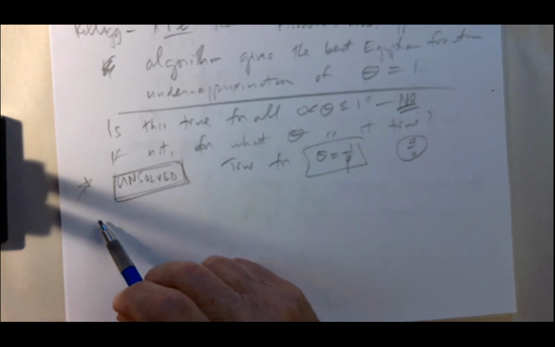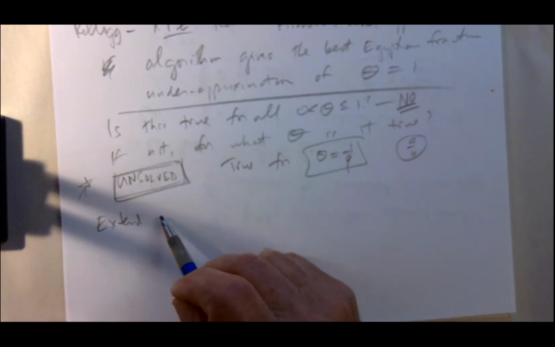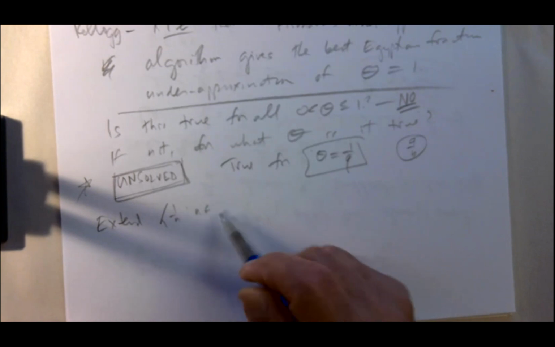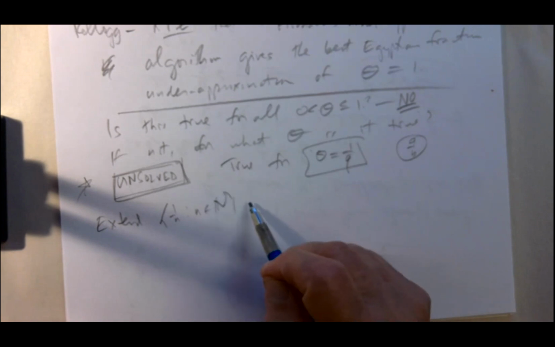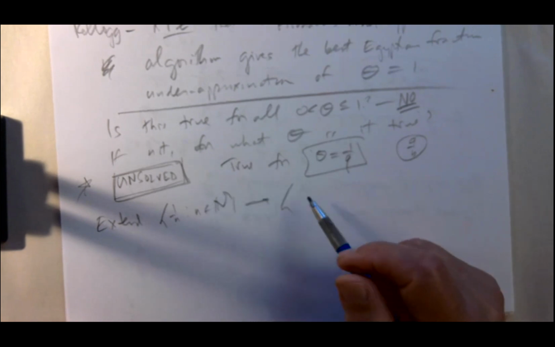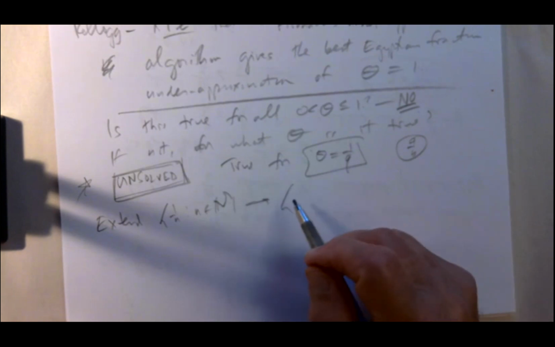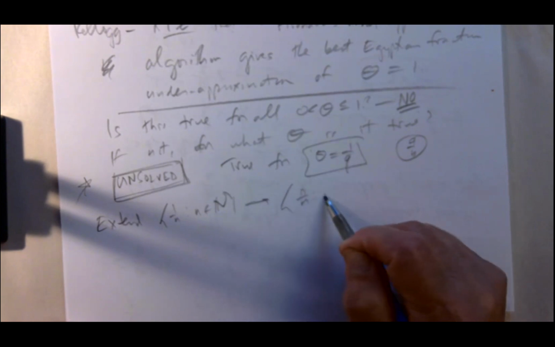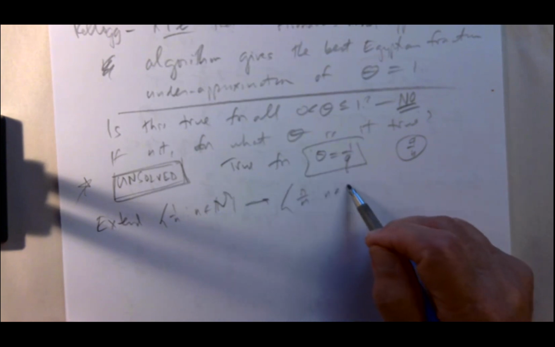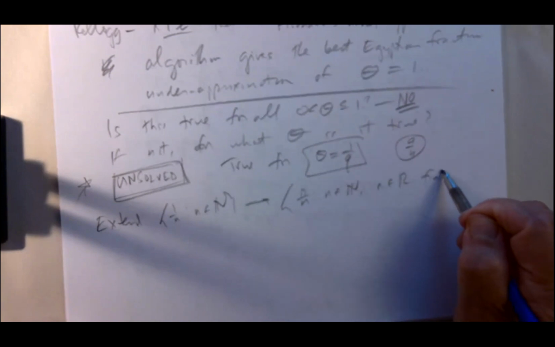Suppose we extend the set of Egyptian fractions 1 over n, in positive integers, to fractions of the form, let's say, r over n, where n is a positive integer, and r is in some finite set.